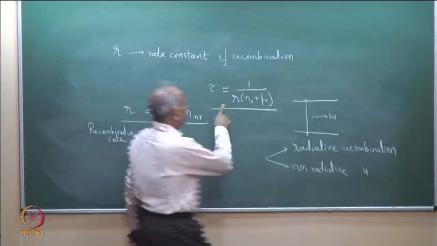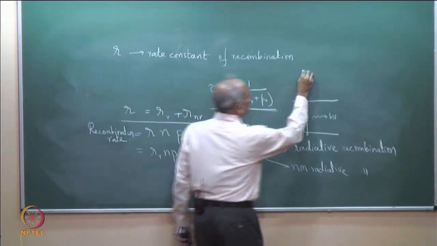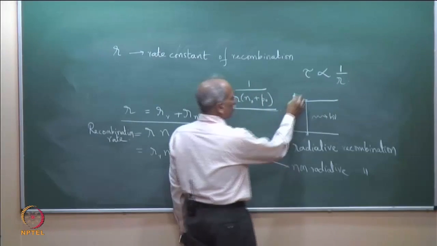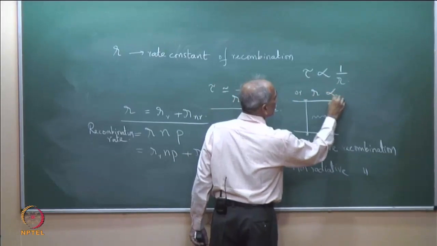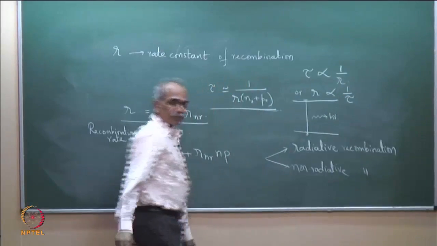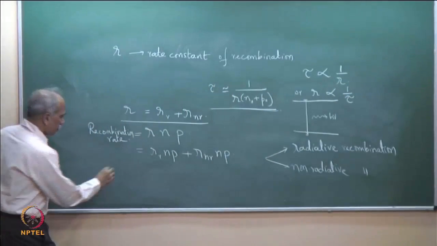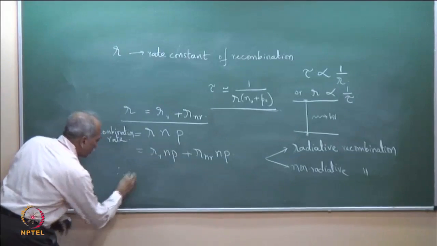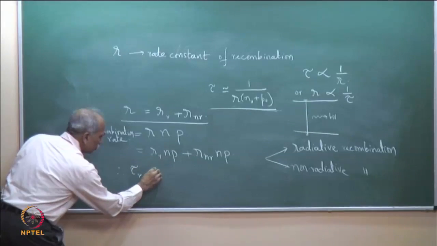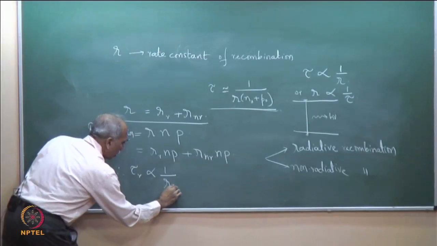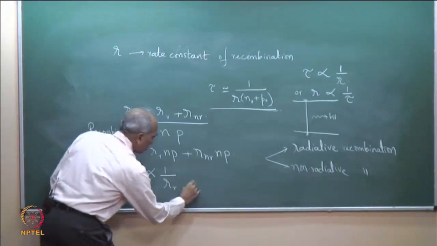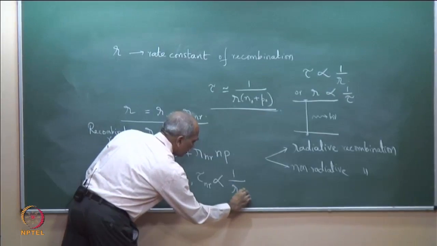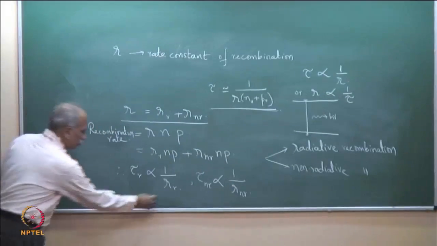Okay. Now, from here you can see that tau is inversely proportional to R, or R is inversely proportional to tau. Therefore, I can define a lifetime or a recombination time tau R, which is proportional to 1 over RR, and a tau NR which is proportional to 1 over RNR. Please see this.